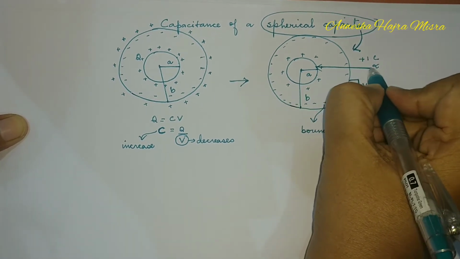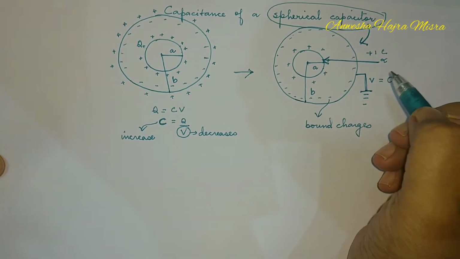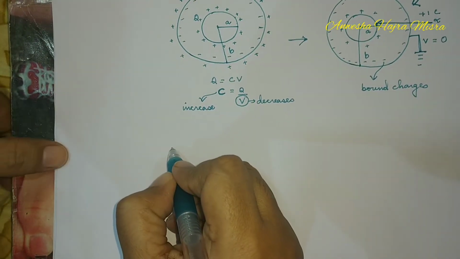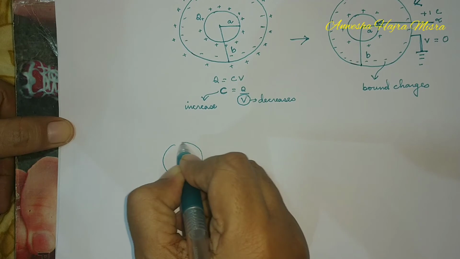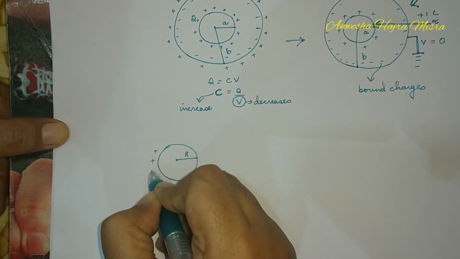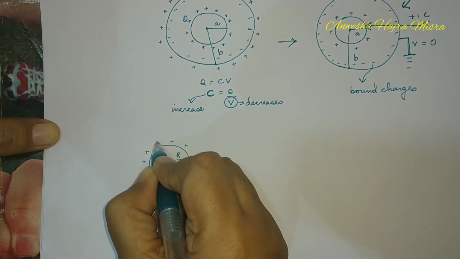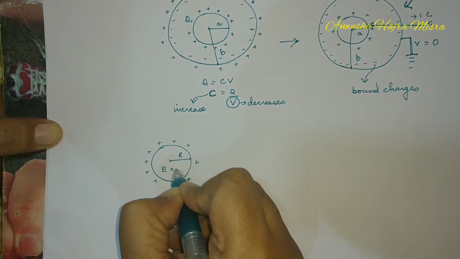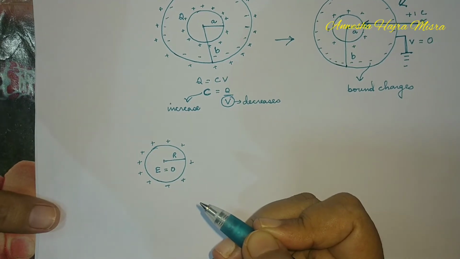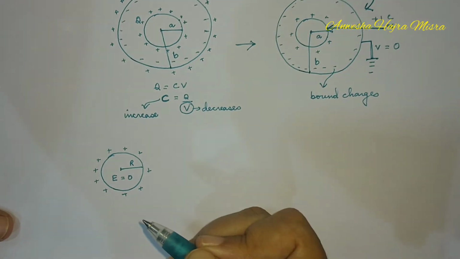Now, for a sphere, we know if this has a radius r, inside, intensity is 0. For a sphere, inside intensity is 0.